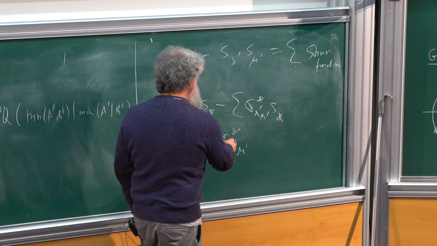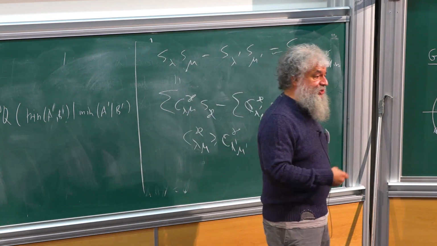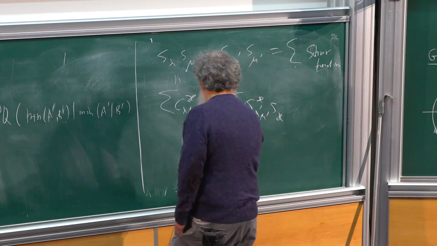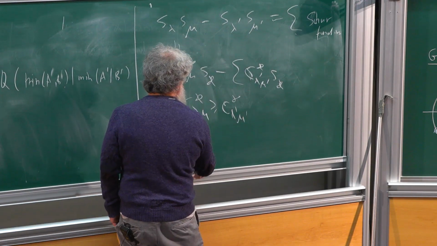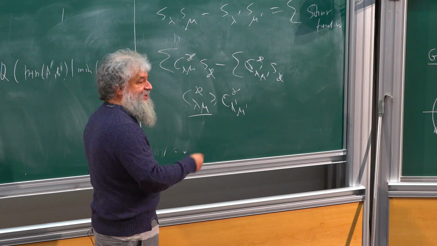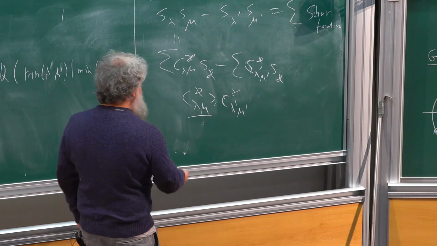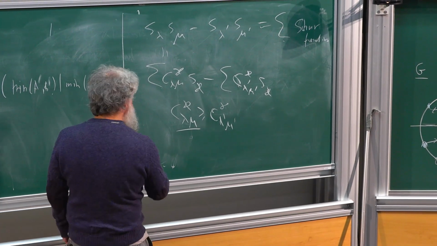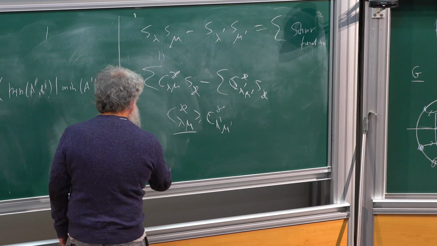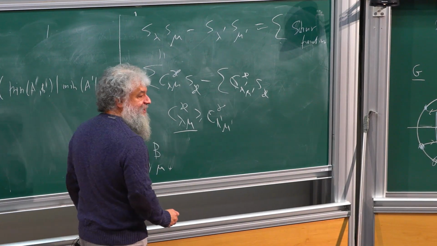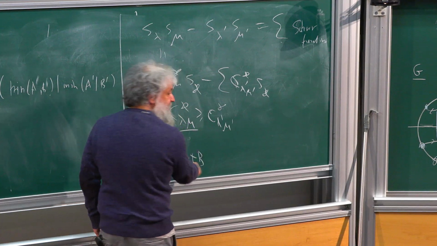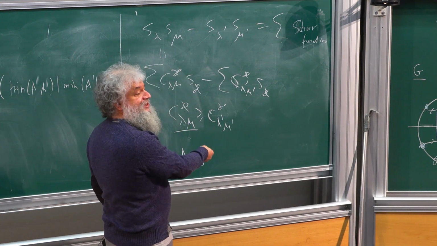And this is related to the question of Horn, because these coefficients are related to Hermitian matrices. If you have a Hermitian matrix A with spectrum lambda and a Hermitian matrix B with spectrum mu, then A plus B is also Hermitian, and you can ask what its spectrum would be.